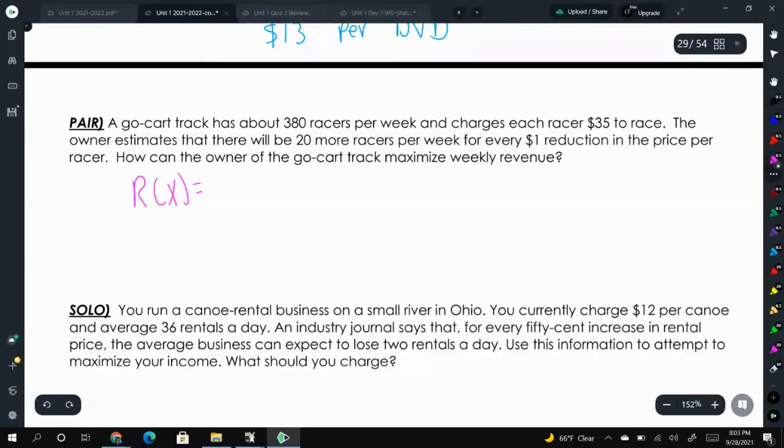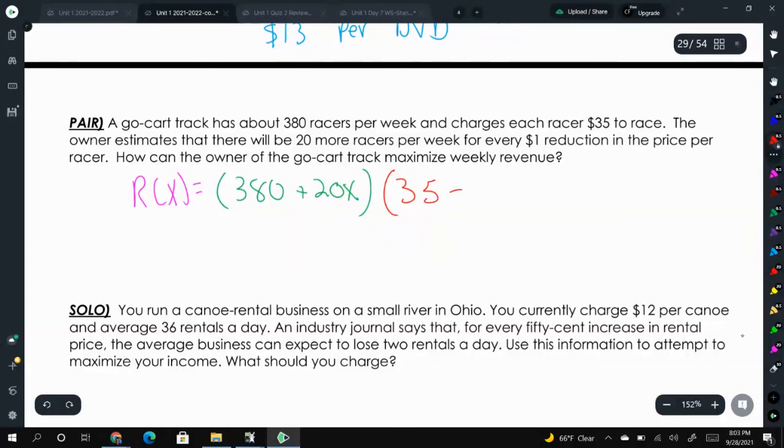So R of X equals, our first set of parentheses is going to do with the sales, so 380 plus 20x for every dollar that you decrease. The second set of parentheses will talk about the price.